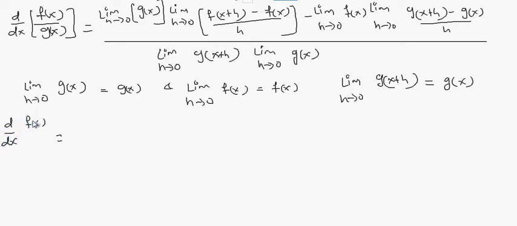f of x divided by g of x is equal to, we are replacing limit as h approaches 0 g of x with g of x.